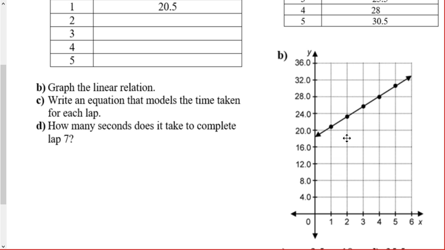Well, by looking at the graph, it looks to me like each time when we go from one point to the next, I'll just pick these 2 points here. We've got a rise of 2.5 seconds. And we've got a run of 1. So a rise of 2.5, a run of 1.